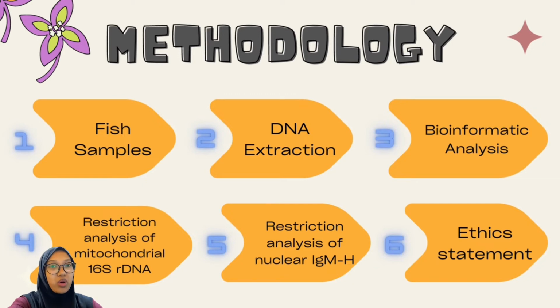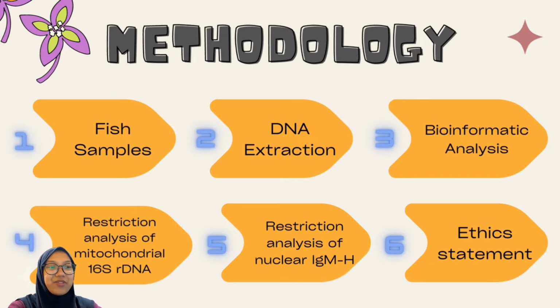The second step is the DNA extraction. Genomic DNA was extracted from each specimen following the standard phenol-chloroform protocol. Concentration of extracted DNA was spectrophotometrically determined. Genomic DNA was kept at 4 degrees Celsius until used. The third step is the bioinformatic analysis.